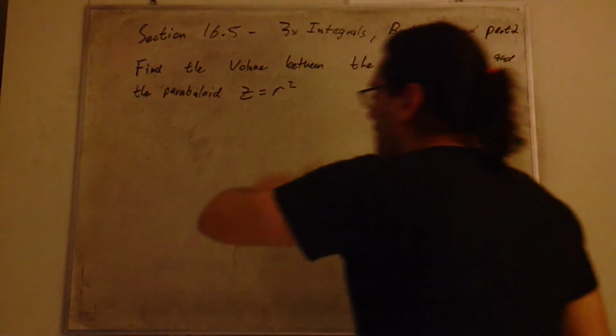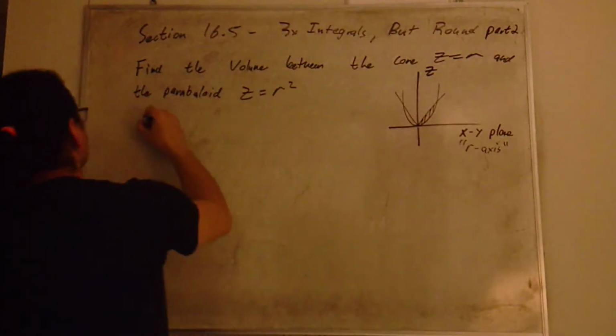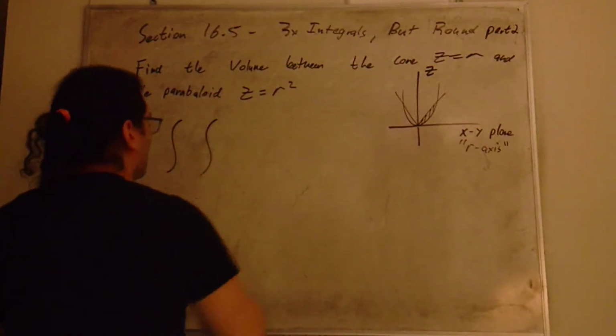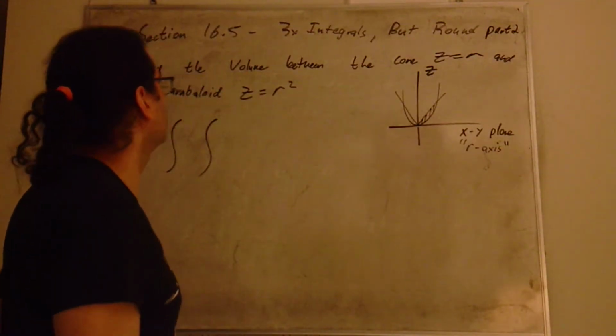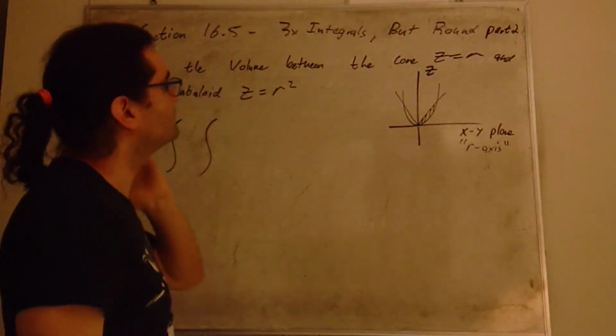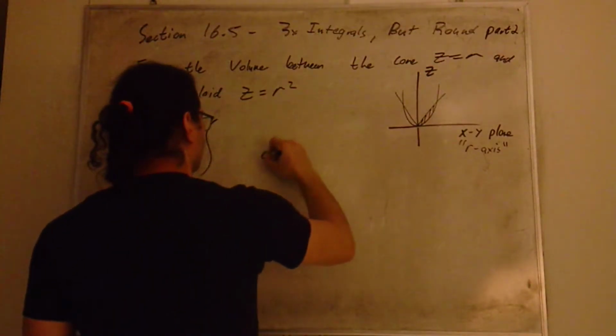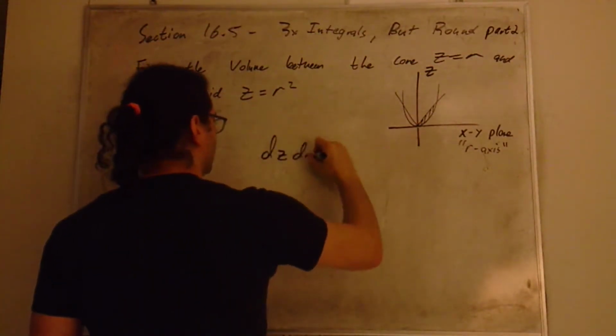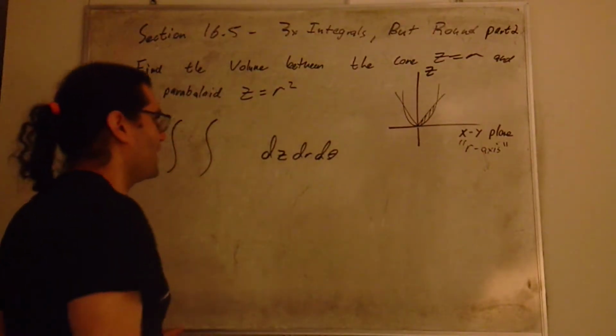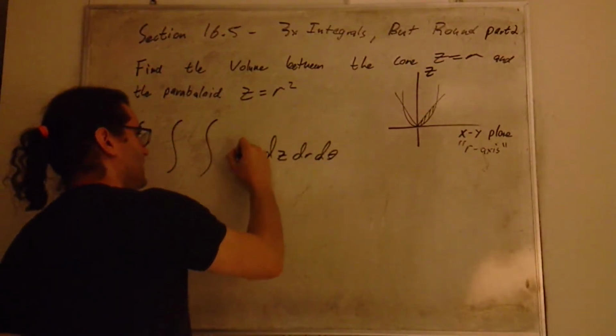So, I want a triple integral. It's a volume. So the volume needs dz, dr, and d theta, and it needs an r.